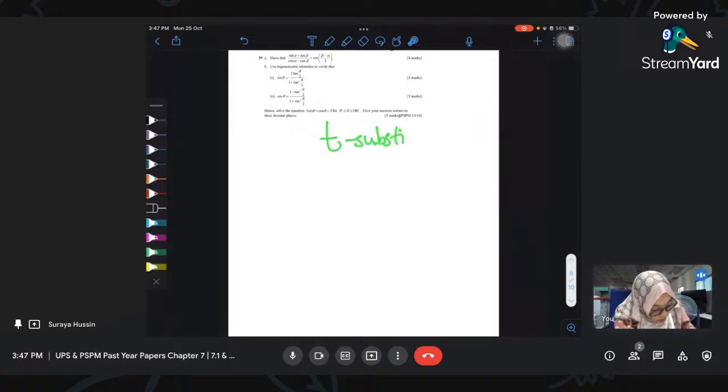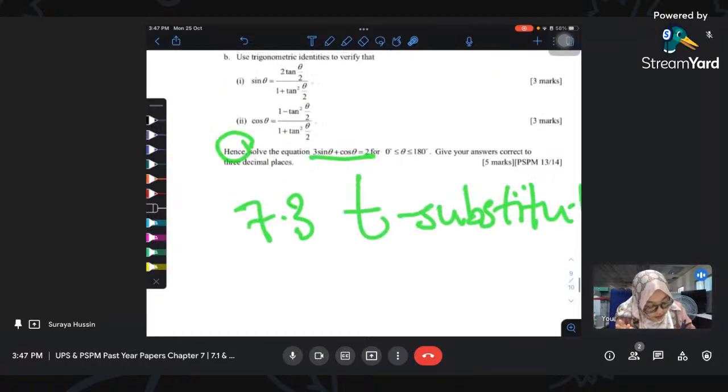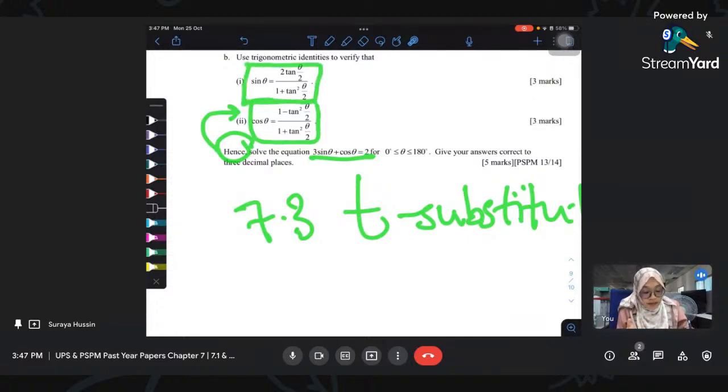This is what we call as t-SUBSTITUTION. This is 7.3 subtopic. Yalah, sebab dia kata hence. When the word hence is over there, maksudnya you perlu apply apa yang diberi previously. You must use what you have previously because of this word hence.